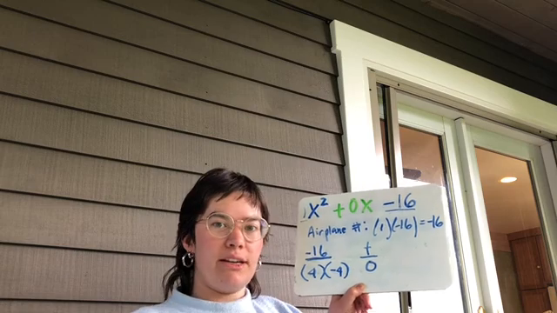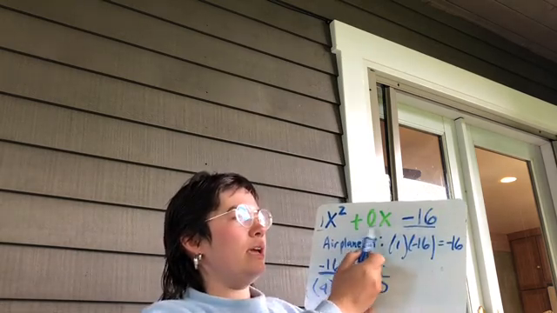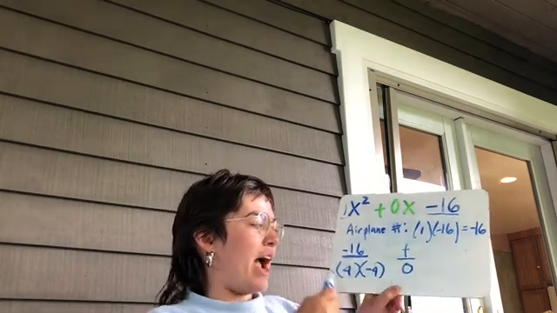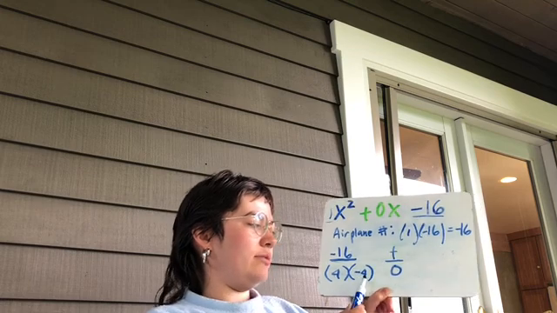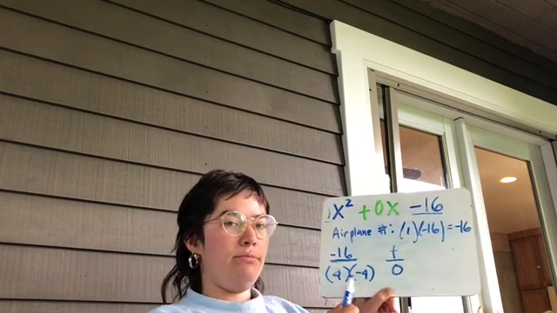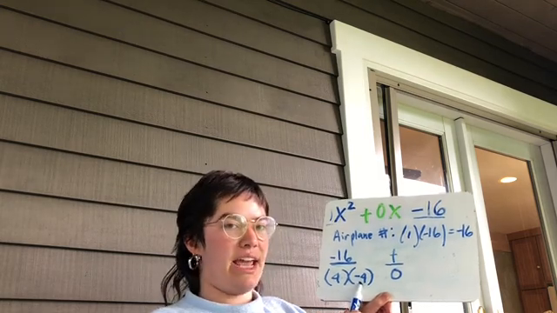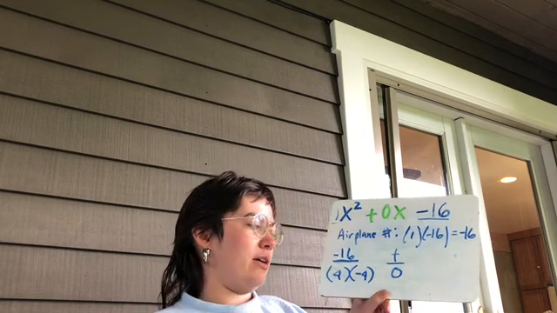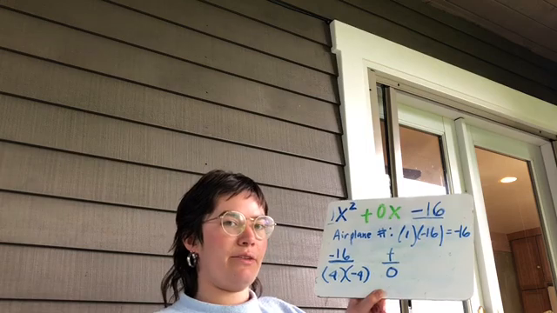I want you to notice here that every time I have a 0 as my coefficient for my x term, my factor that I'm looking for is always going to be the same number, but one is positive and one is negative. That way, when I add them together, I get 0. 4 plus negative 4 is 0.